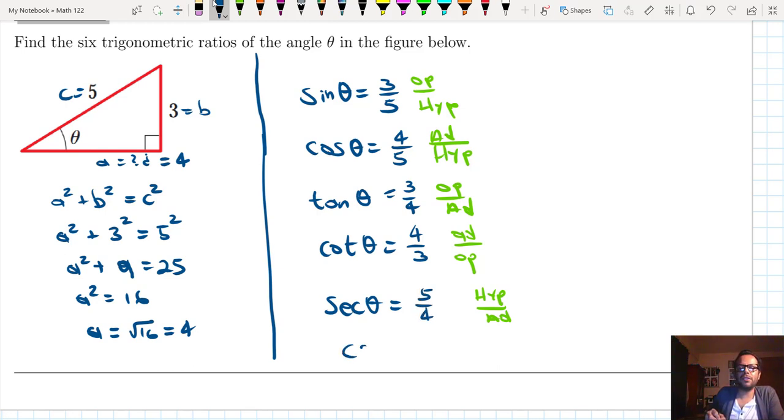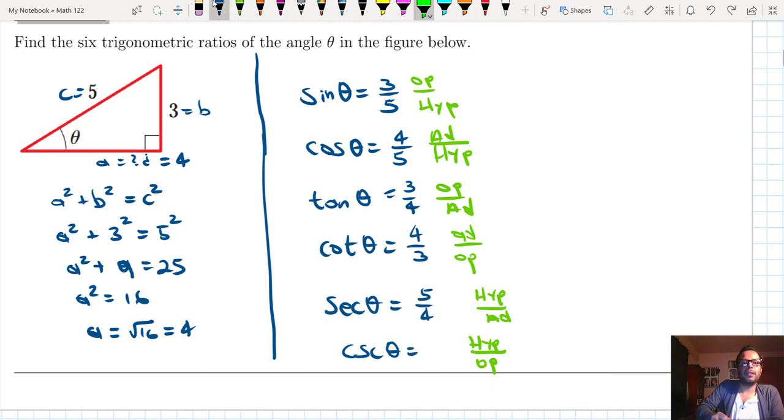And finally, cosecant theta, which will be the reciprocal of sine, which in this case, sine again was opposite over hypotenuse. So cosecant will be hypotenuse over opposite. In this case, 5, which is the hypotenuse, over 3, which is the opposite.